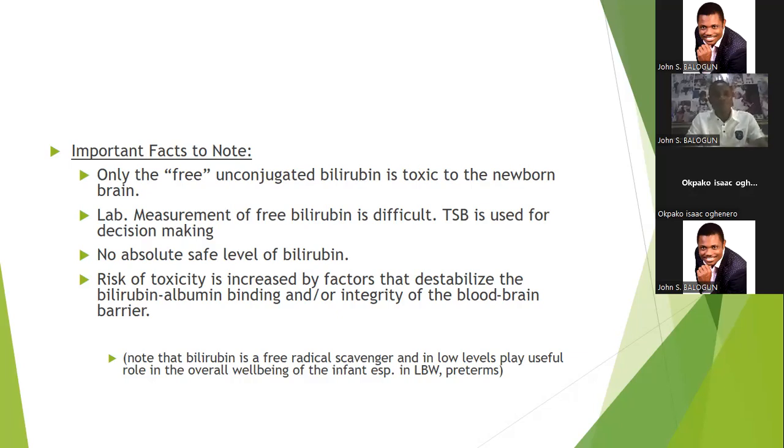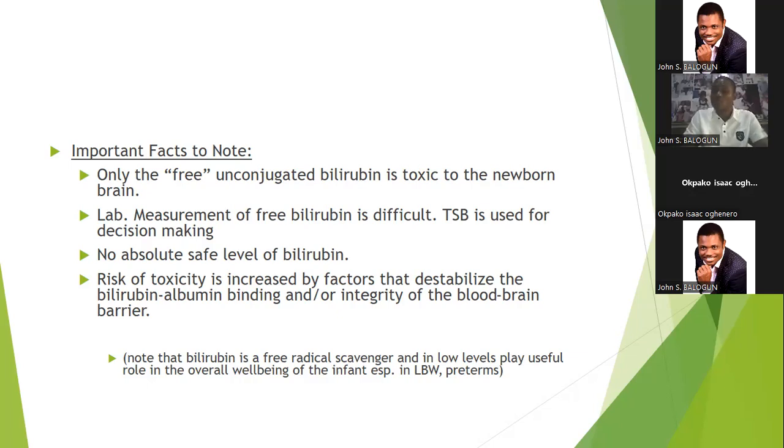Now, risk of toxicity is increased by factors that destabilize the bilirubin-albumin binding. Anything that prevents bilirubin from binding to albumin can increase the risk of toxicity. An example is that there are some drugs you don't give to a newborn baby, because they have the capacity to displace bilirubin from the albumin binding site. They compete with bilirubin for the albumin binding site.